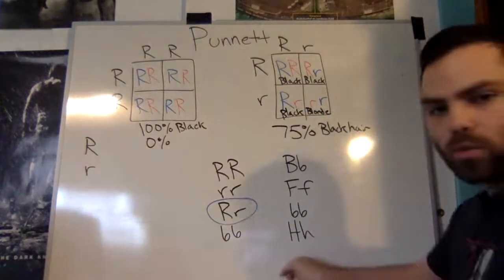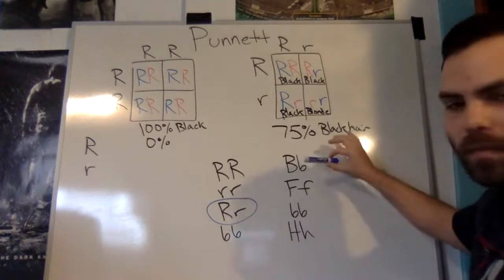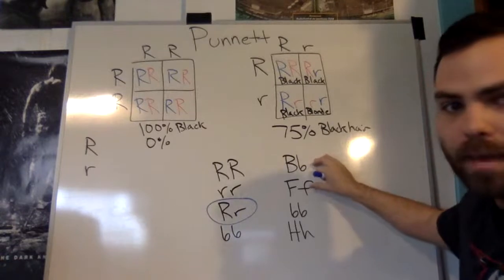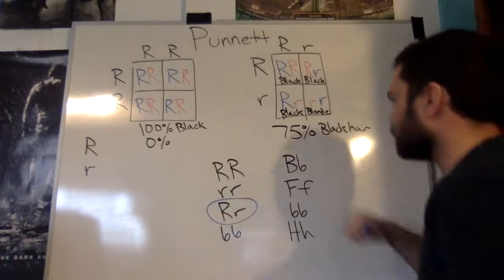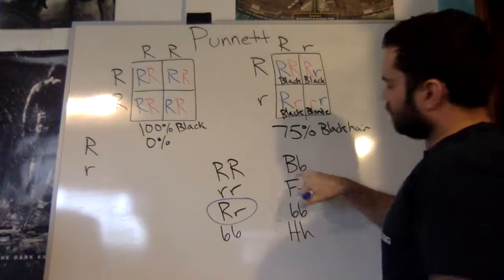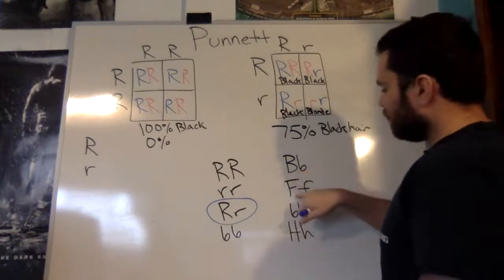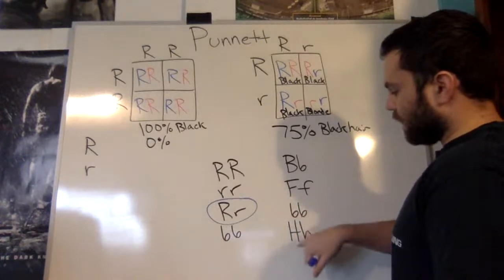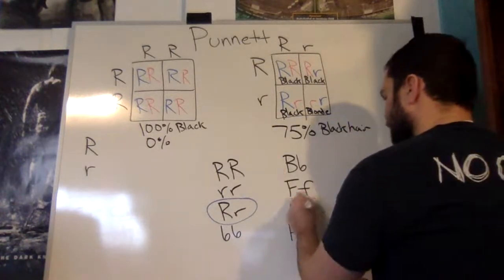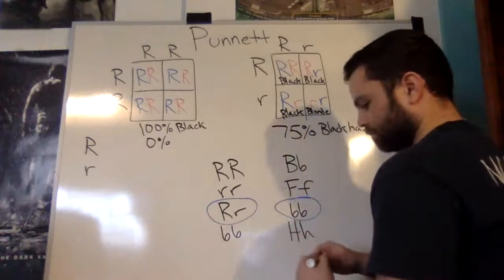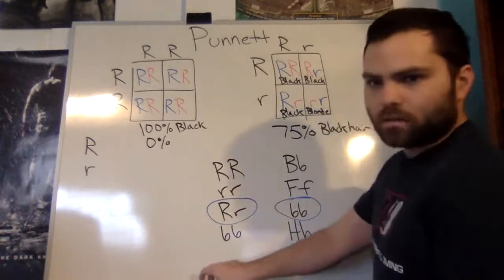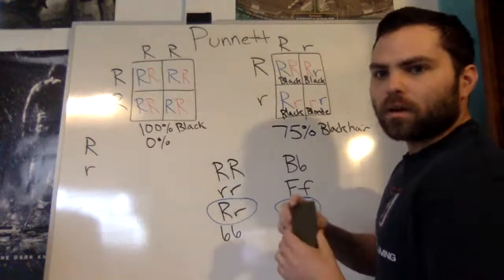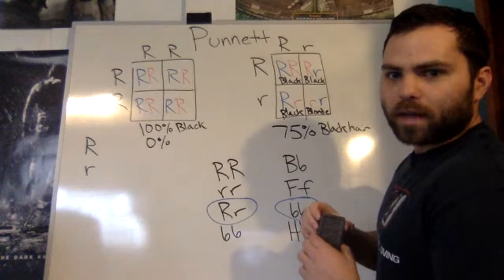So you have to find which one for number 4 is different. Or I'm sorry, is the same. Okay? Because remember, we're looking for a heterozygous. So big capital B, little b. Those are different. That's hetero. Capital F, lowercase f. Lowercase b, lowercase b. The only one that's the same would be choice 3 again. Okay? So far, so good? All right, so I'm going to erase this so we can go over the next couple, okay?